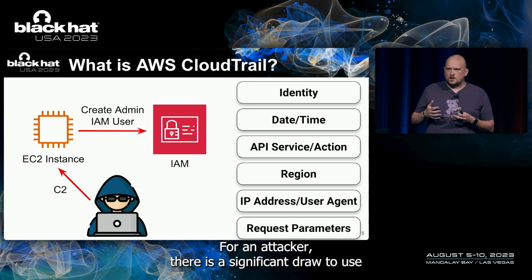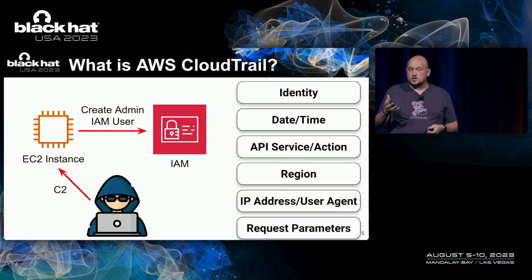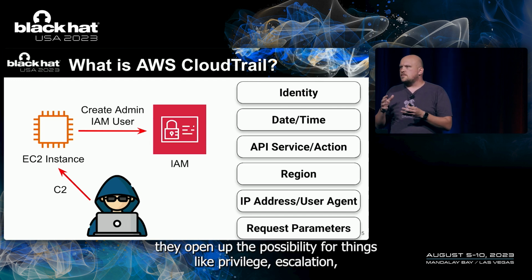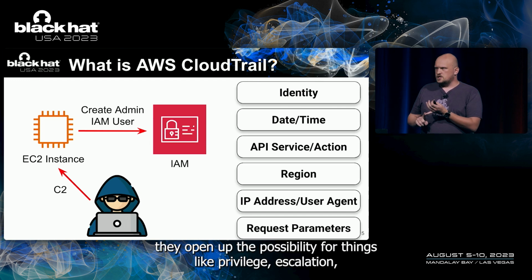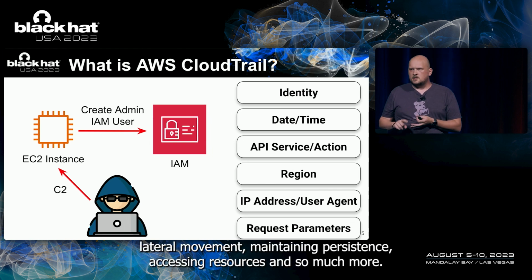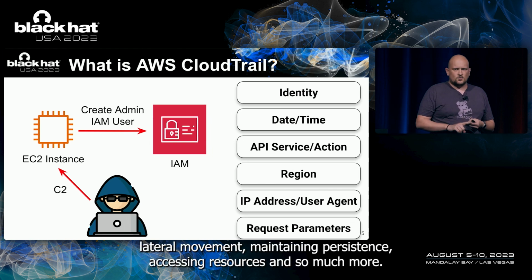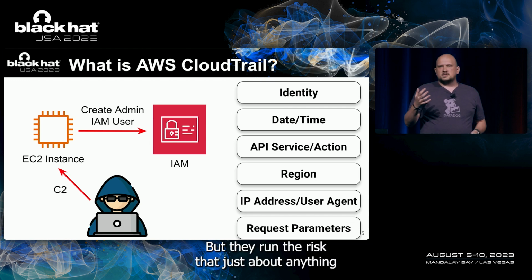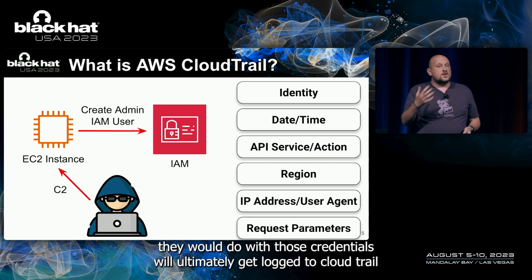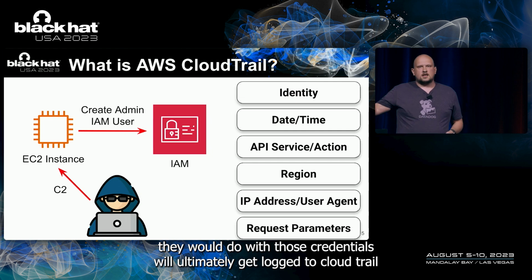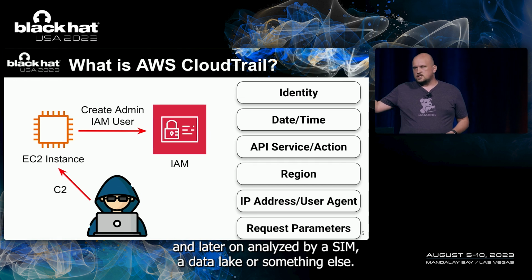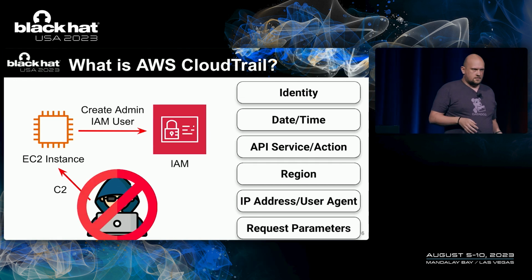For an attacker, there is a significant draw to use stolen IAM credentials, because with those credentials, they open up the possibility for things like privilege escalation, lateral movement, maintaining persistence, accessing resources, and so much more. But they run the risk that just about anything they would do with those credentials will ultimately get logged to CloudTrail and later on analyzed by a SIEM, a data lake, or something else, getting them caught.